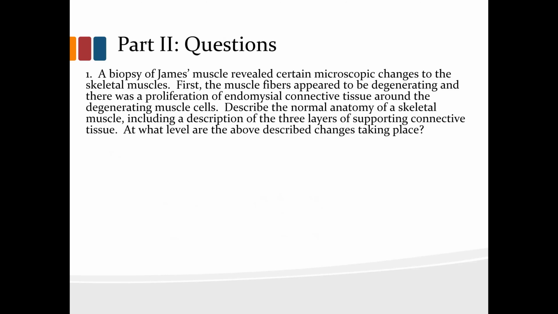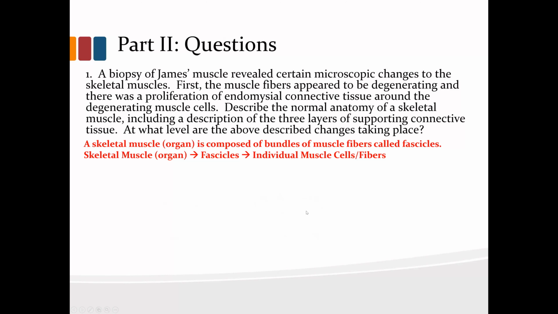At what level are the above described changes taking place? So a skeletal muscle, the organ, is composed of bundles of muscle fibers called fascicles. The skeletal muscle, or organ, is the largest structure, and it's made up of these bundles called fascicles, and inside the fascicles is where you find the individual muscle cells or fibers.